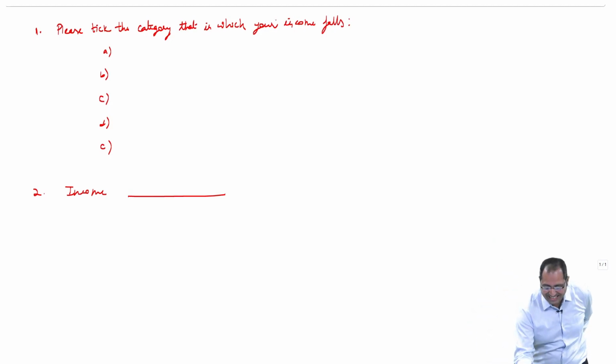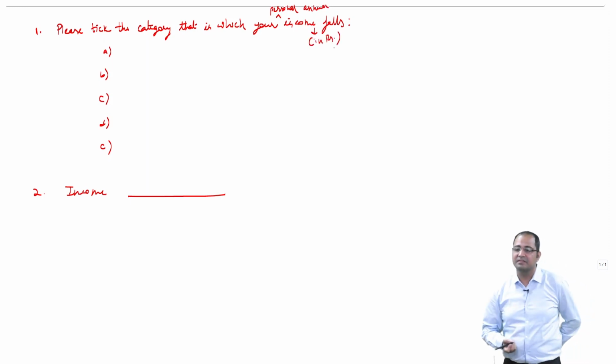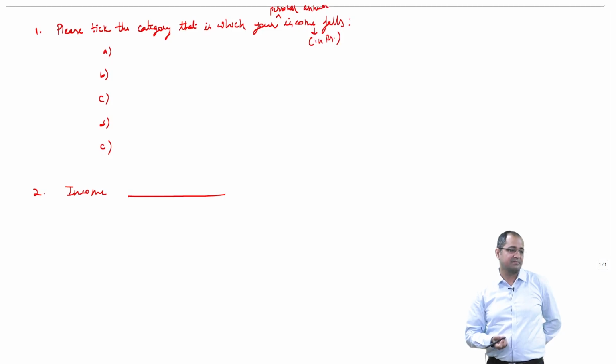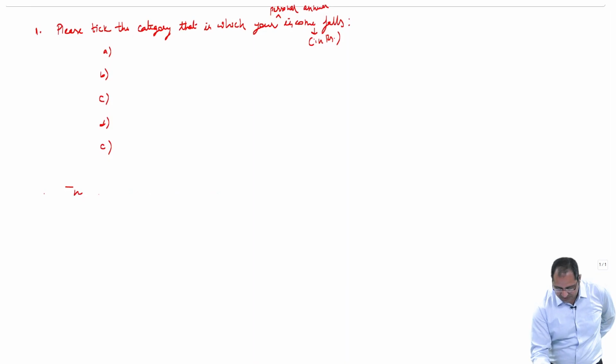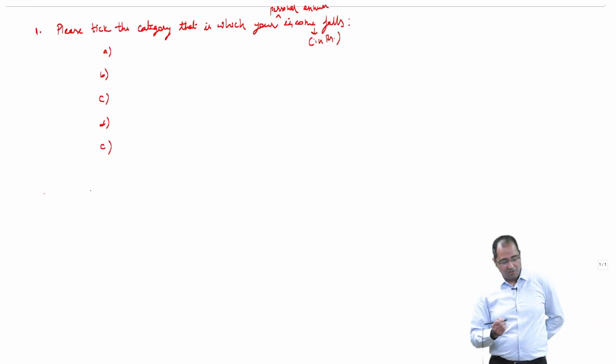When you say please tick the category in which your personal annual income in rupees, there were so many problems. So straight away asking is a problem. Now how will we make the categories?